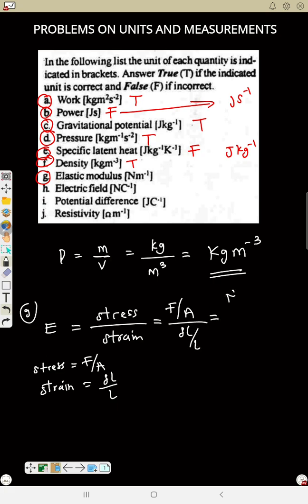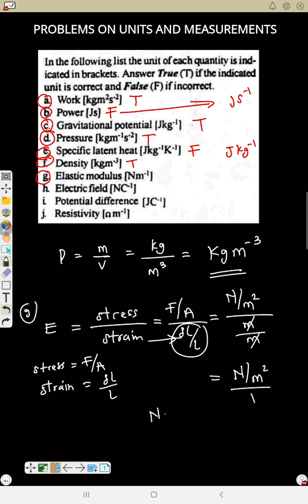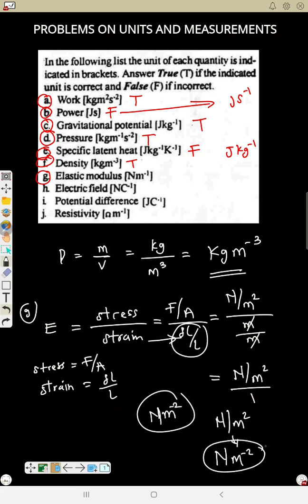Now force is in Newton, area is in meter square, the change in length is in meter, length is also in meter. That means this one will cancel out. So that means strain is dimensionless. So that means it will remain Newton per meter square over 1, which is the same thing as Newton meter raised to power minus 2.